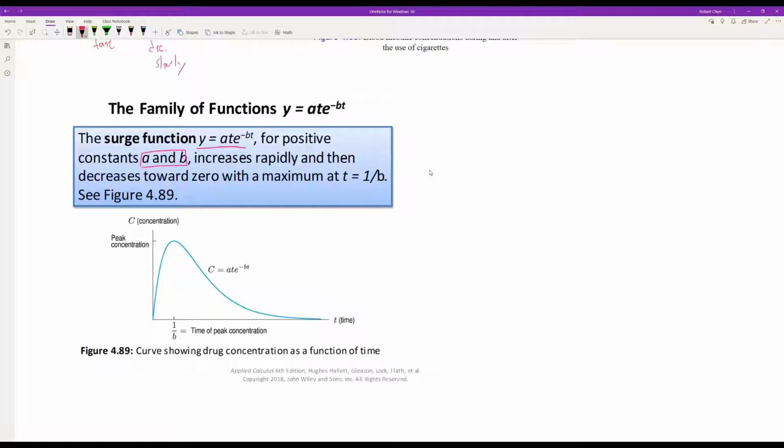These types of functions increase rapidly and then decrease towards 0, with a maximum at time t equal to 1 over b. So you can see that it actually reaches the peak at time 1 over b. The peak means when your body has the highest concentration of the substance.